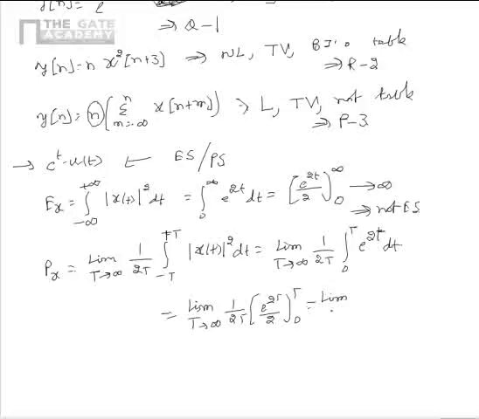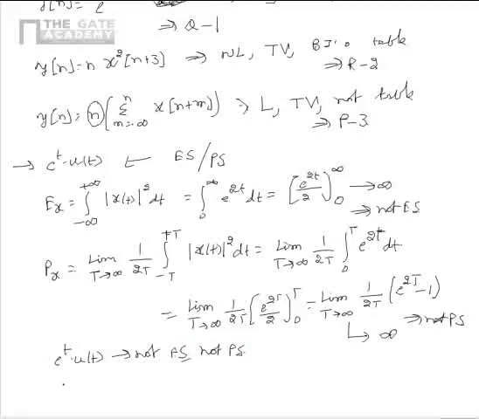This is equal to limit T tends to infinity of 1/(2T)·(e^(2T) - 1)/2. From this we see that this limit value will also tend to infinity as T tends to infinity. So from this, the signal is not a power signal. So we see that the given signal e^t·u(t) is not an energy signal and it's not a power signal as well.